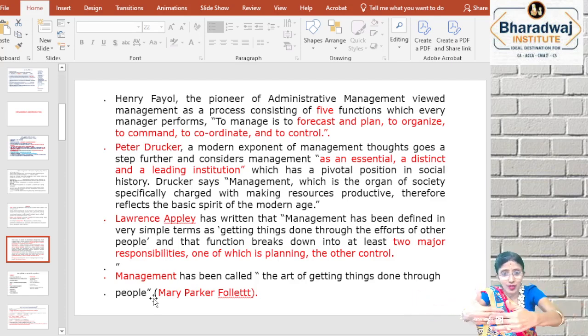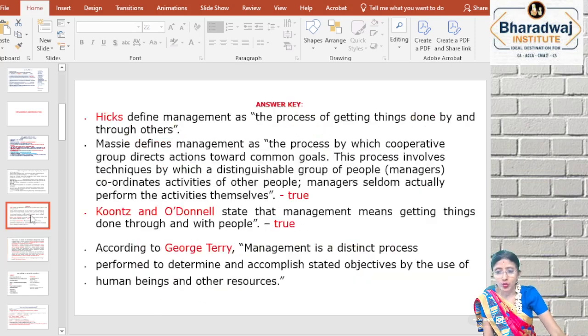That's why with people. But Follett says, people are instruments only. So it is only through. But when you have through and with, it is Kuhns and O'Donnell. That is why it's an intricate question. You mark the difference. Yes or no? Through and with people is different from through people alone. Note it.